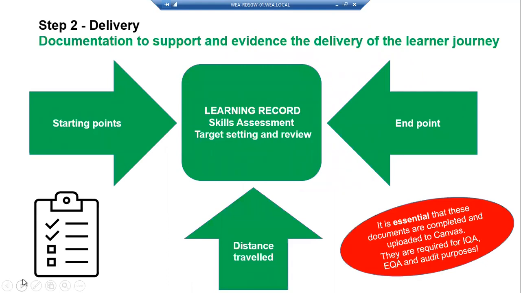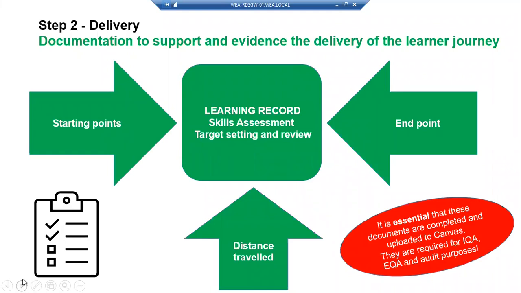So we want to have a think about the learning records. There's two parts: the skills assessment, and target setting and review. So we need to look at the documentation to support and evidence that. Really this slide is just a visual on how you're measuring the distance traveled.